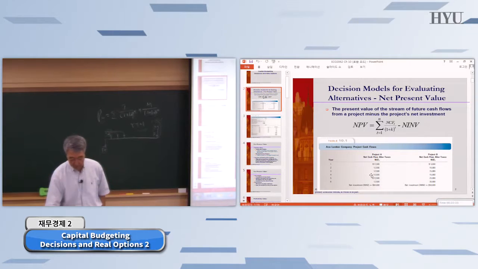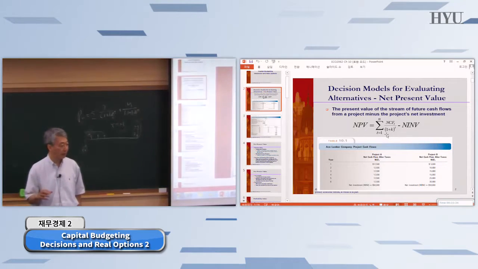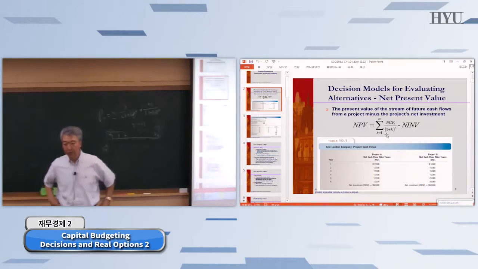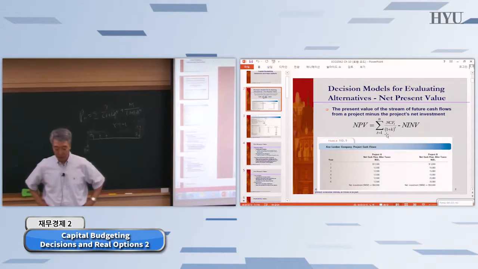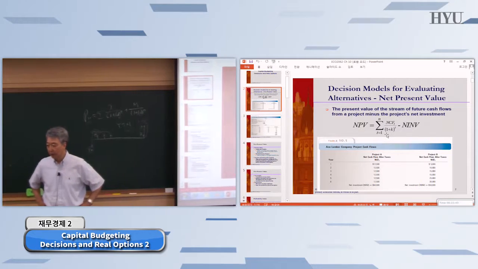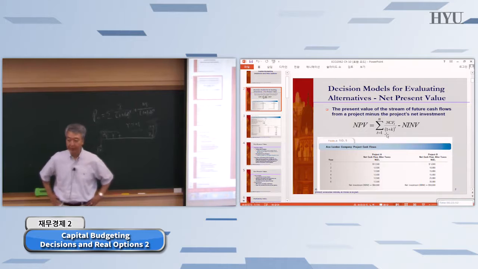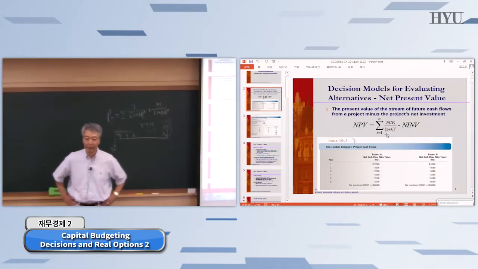The net present value doesn't have that assumption because we provide this K. In order to calculate net present value, you have to provide the K, right? What's the cost of capital for this company, right? So that means all the cash flows in the middle are reinvested at the cost of capital for that company. The question is, which one is more realistic assumption, right?